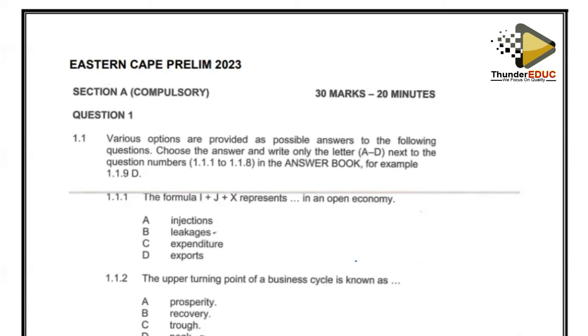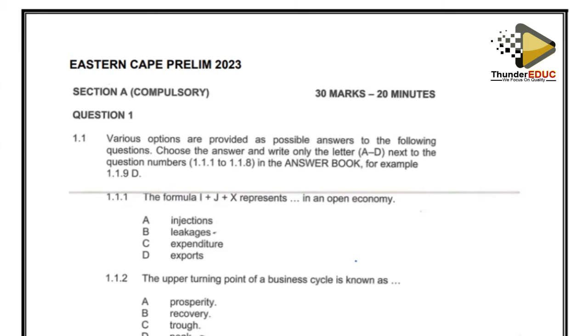Okay, right. So now, in option A we have injections. Option B we have leakages. Option C we have expenditure. And the last option we have exports. So now, if we check, I is an investment, and if in an economy we have an investment, that means we are going to have the inflow of money into the economy, as well as injections.